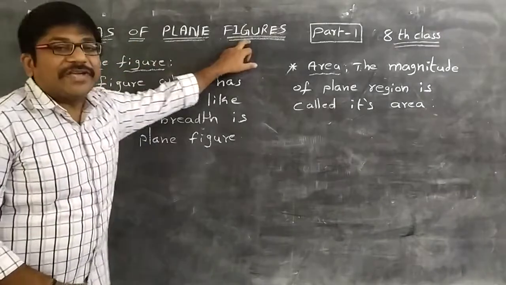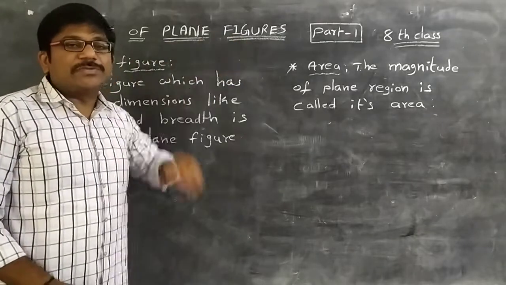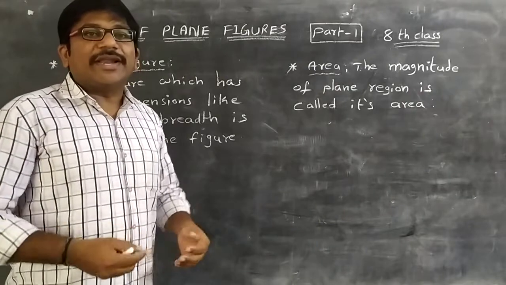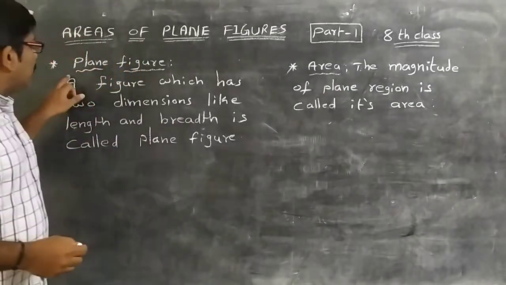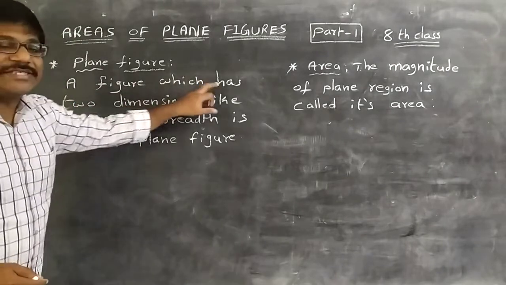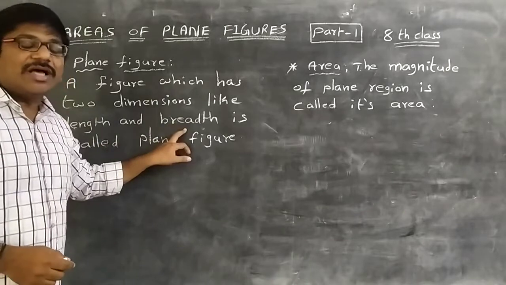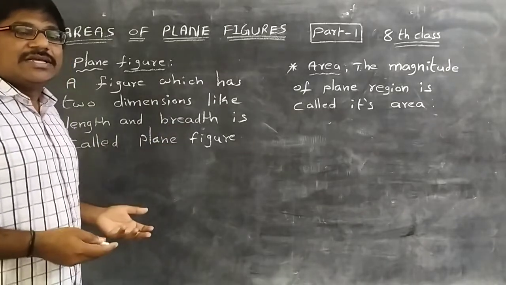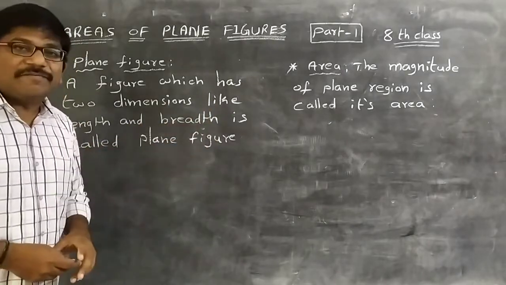Areas of plane figures. So what is the definition of plane figure? Observe carefully. We have seen plane figures regularly in our daily life. A figure which has two dimensions, like length and breadth, or length and height, or breadth and height, is called a plane figure.